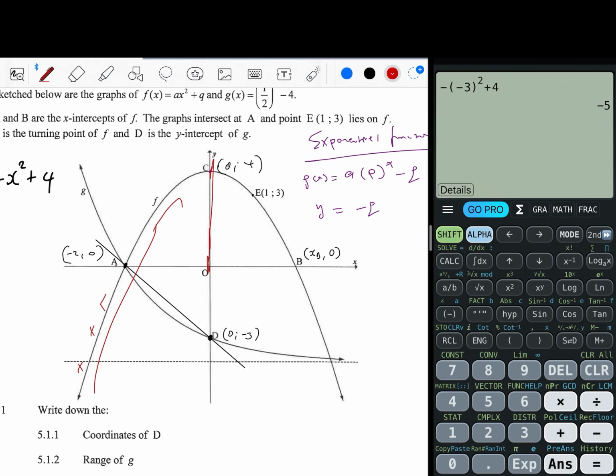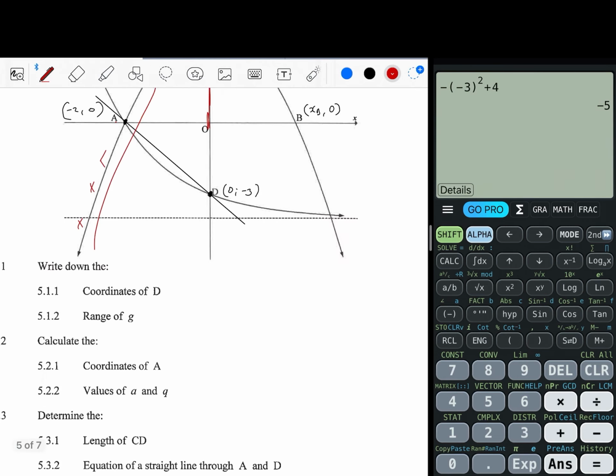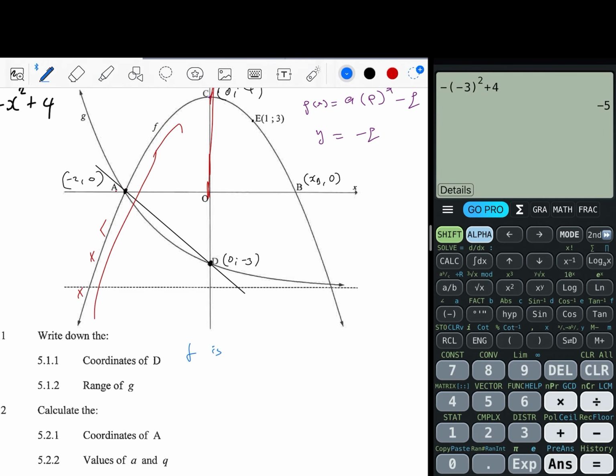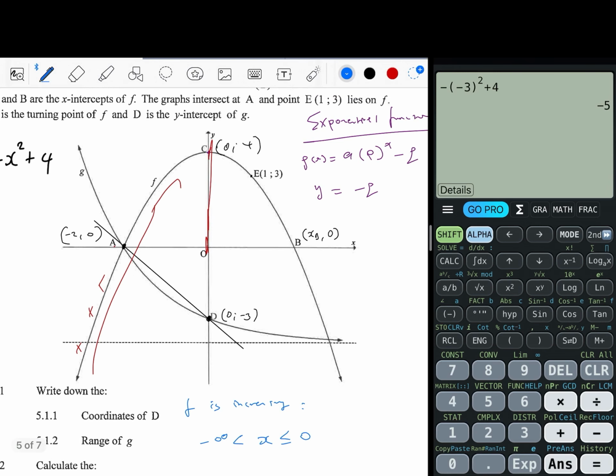So meaning F is increasing, I can actually write this down, F is increasing when x is between negative infinity and 0. But now F is decreasing here.